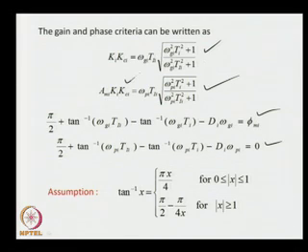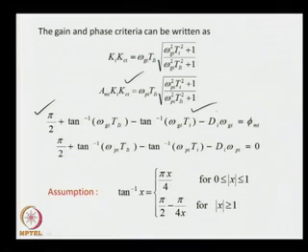AMI Ki Kci equal to omega pi tii square root of omega pi square ti square plus 1 upon omega pi square tii square plus 1, and the phase equations can be written in the form of pi upon 2 plus tan inverse omega gi tii minus tan inverse omega gi ti minus di omega gi equal to phi mi, and pi by 2 plus tan inverse omega pi tii minus tan inverse omega pi ti minus di omega pi equal to 0.